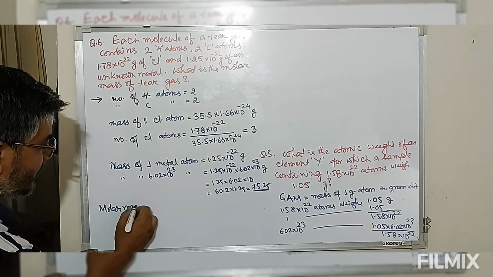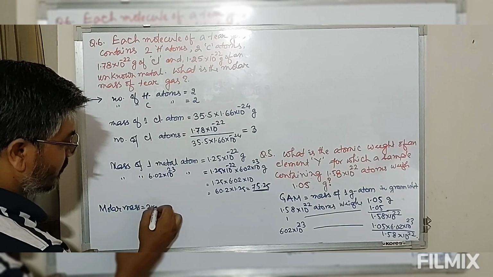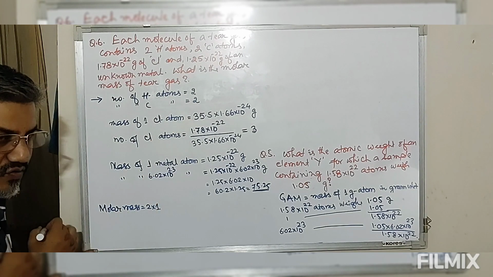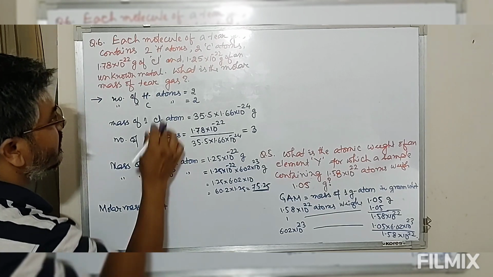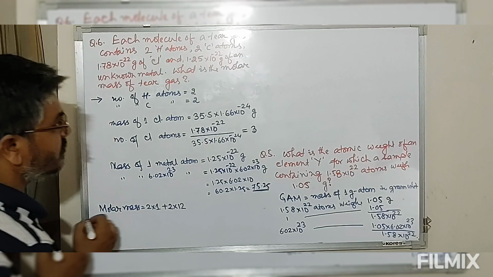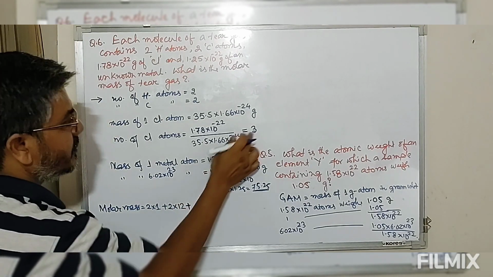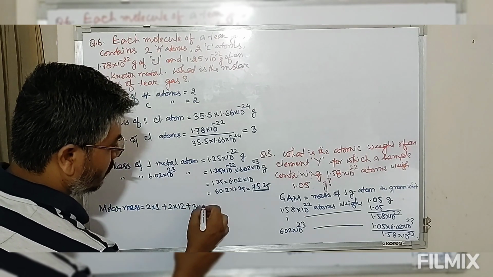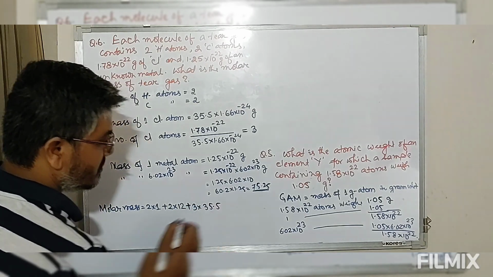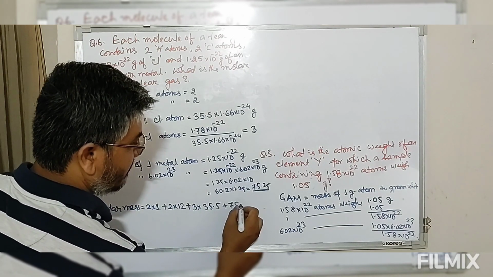So the molar mass is equal to, we have 2 atoms of hydrogen, so 2 into the gram atomic mass of hydrogen, plus the number of carbon atoms is 2, so 2 into the mass of 1 gram atom of carbon, that is 12. Plus we have 3 chlorine, so 3 into the gram atomic mass, that is 35.5 gram, plus 75.25.